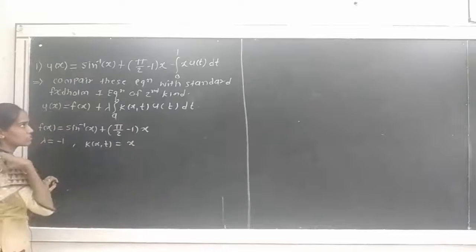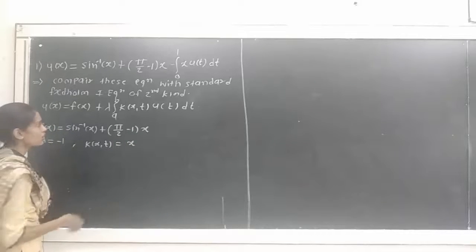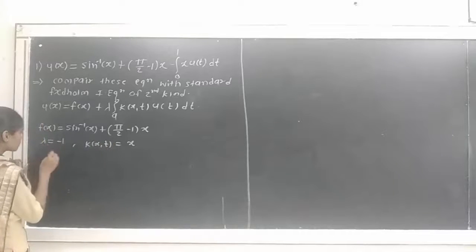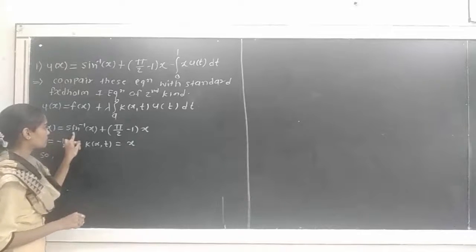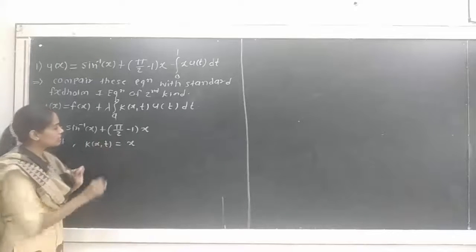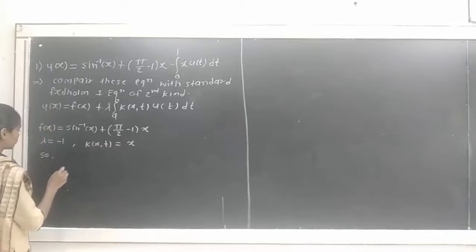The limits are from 0 to 1, that is a is equal to 0 and b is equal to 1. Here the function f of x is a complicated function, so we use the Adomian decomposition method.